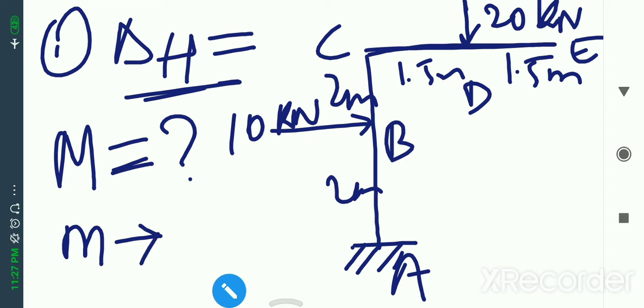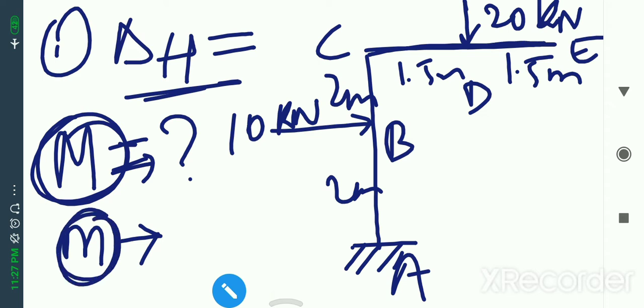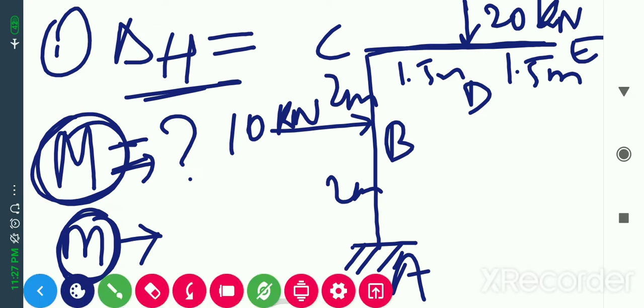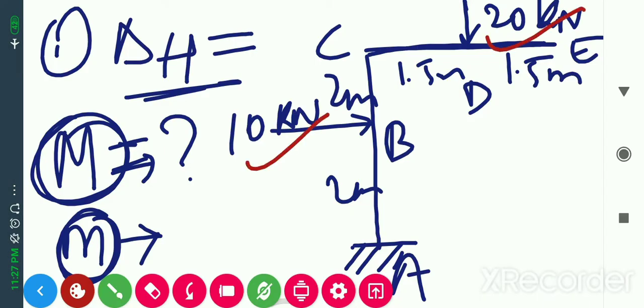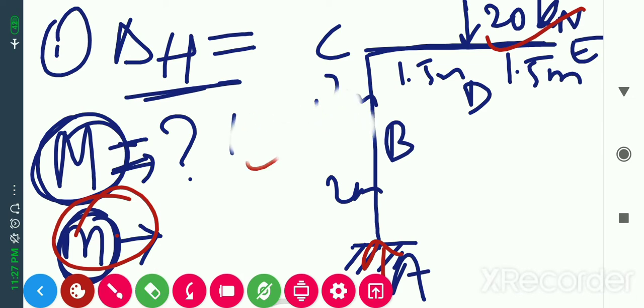What was this capital M and what was this small m? This capital M was the moment due to the actual loads which are acting on the frame, and this small m is the value when all the loads in the frame are removed and a unit load is placed at the concerned point. So the value of capital M will be simply the value of moment that is being induced in the frame by this 20 kilonewton load, and this 10 kilonewton load, and the various reactions that are going to act on the supports.